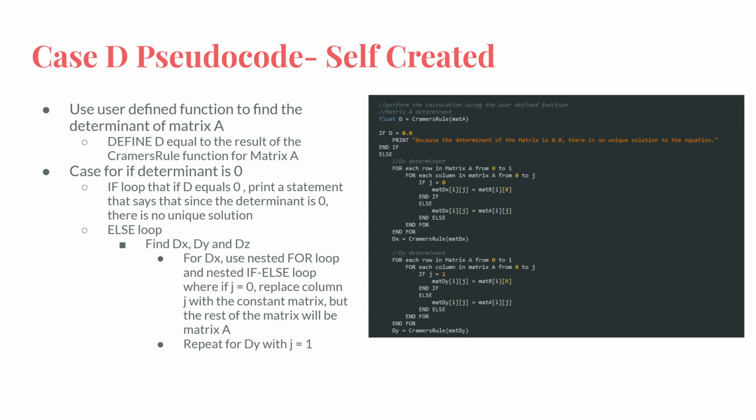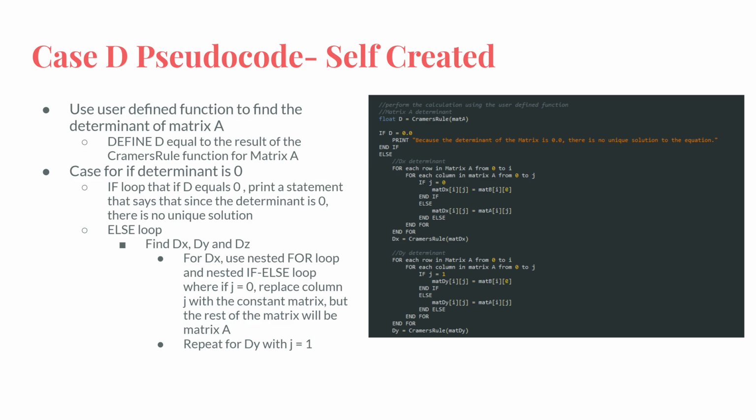I set the variable d, which I'm using for determinant, equal to my Cramer's rule function for matrix A. I then used an if-else statement stating that if d is equal to 0, to print out that because the matrix determinant is 0, there is no unique solution to the equation, else the program will go on to calculate the dx, dy, dz determinants along with the x, y, z variable values.